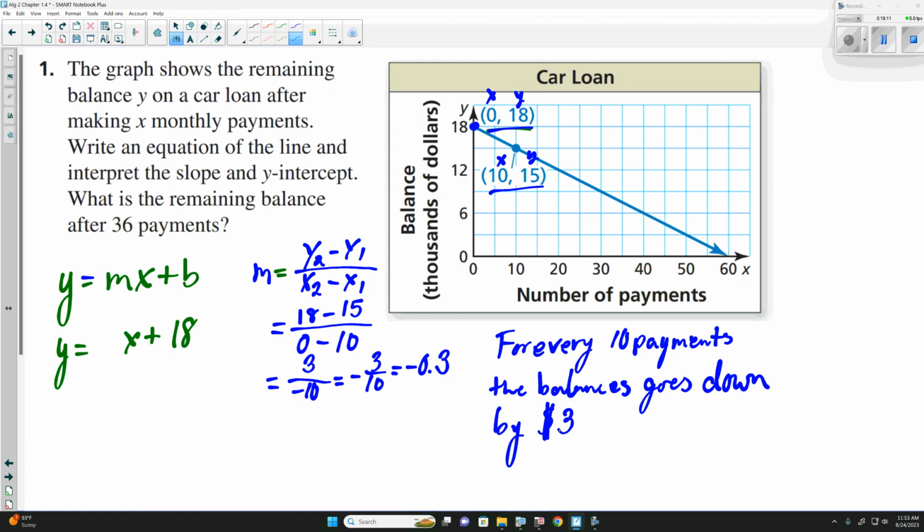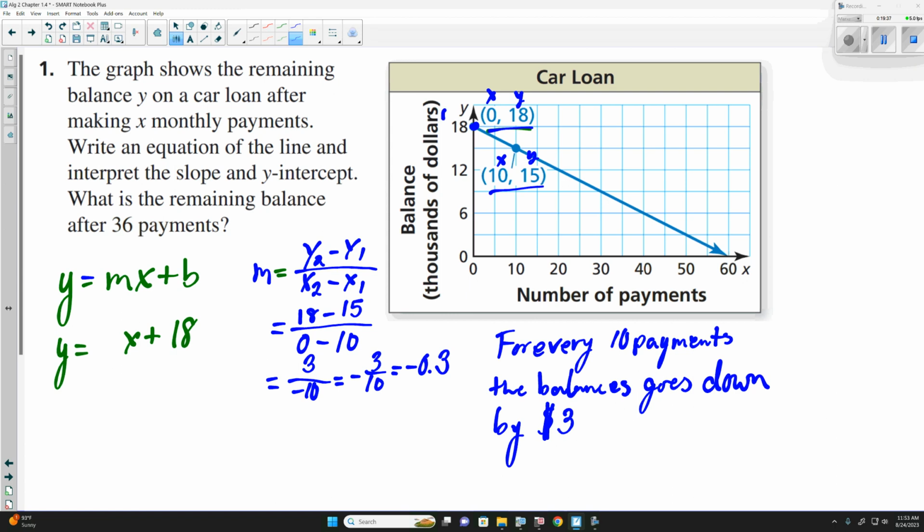Yeah, 0.3 would be every month. The 3 is every 10 months. Does that make sense? Because if we wanted to use the 0.3, we would say for every month payment, or every month, the balance goes down by 0.3. Does that still not sound right?